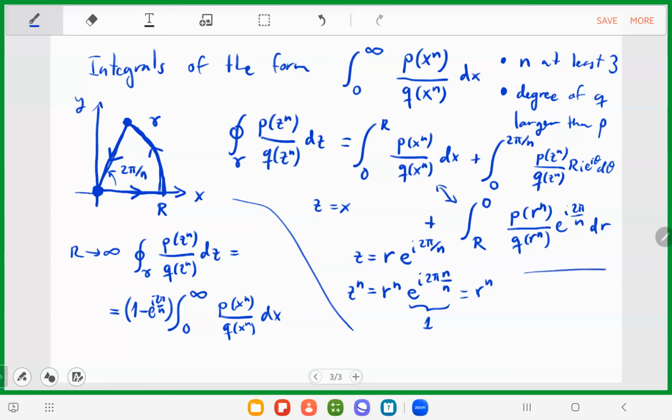Because notice the second integral will be the same, but multiplied by this exponential of i 2 pi over n, which is cosine of 2 pi over n plus i sine of 2 pi over n. And with the limits, because the limits are reversed, we have a minus.